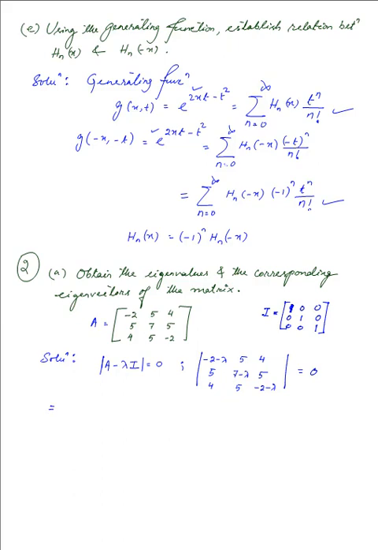So let's calculate the determinant in the first place. So -2 minus lambda times 7 minus lambda, -2 minus lambda, minus the other two terms multiplied to 25. So this is for the first one, -5 for the second case. I hope you know how to obtain the determinant in this case.